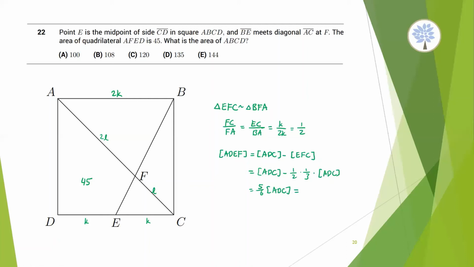Okay. So we want to find the ratio of the area of ADEF and ABCD so that we can find the area of ABCD. Once we have the area of ADEF in terms of ADC, we can furthermore write it in terms of ABCD. So we can write this as 5/6 times 1/2 times the area of ABCD, which is equal to 5/12 times the area of ABCD.